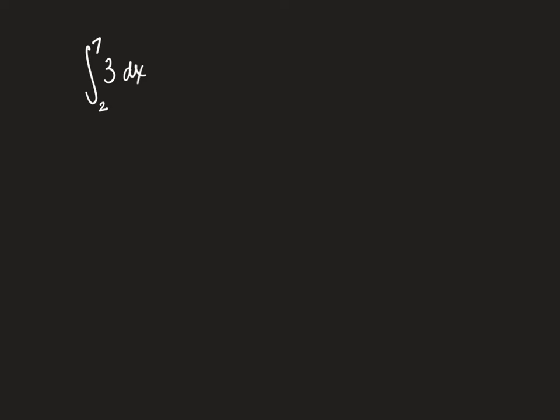Okay, so the first one is the definite integral of 3 with respect to x over the interval from 2 to 7. So the first step is find the antiderivative. And notice in the theorem it says any antiderivative.